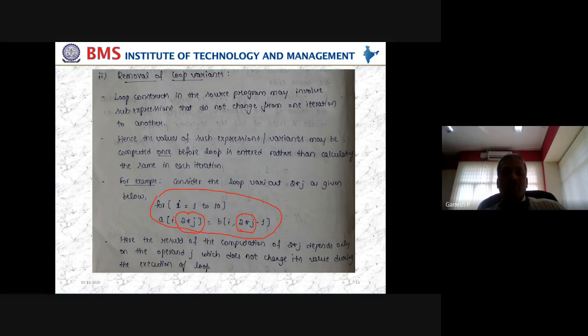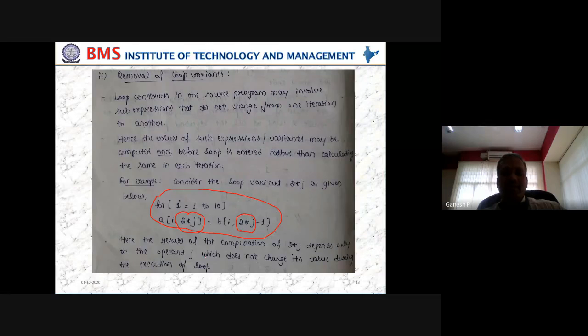So removal of loop variance is also an important concept where we can reduce the calculation of duplicate variables or duplicate instructions. Thereby we can reduce the dependency on them and increase the efficiency of the compiler. So that is another way, that is removal of the loop variance.